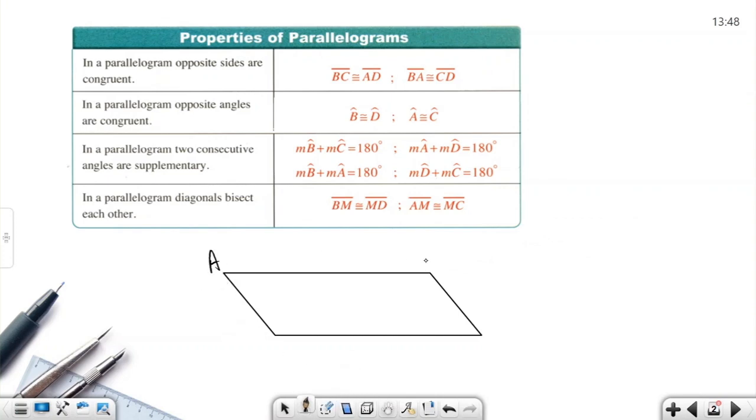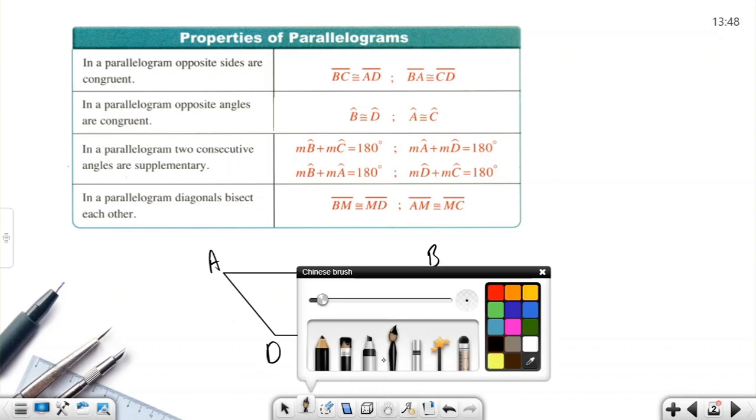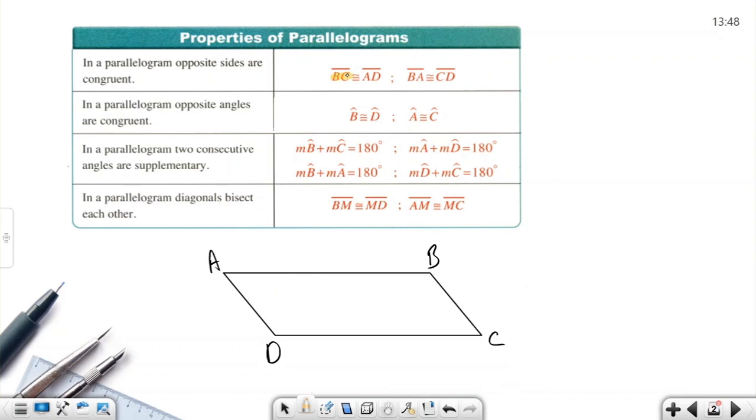Okay, let's write some letters at the corners: A, B, C, D. So let's say the length of BC is equal to the length of AD, so opposite sides are congruent. The length of BA is congruent with the length of CD, the opposite of it. So opposite sides are congruent, we already said that part.